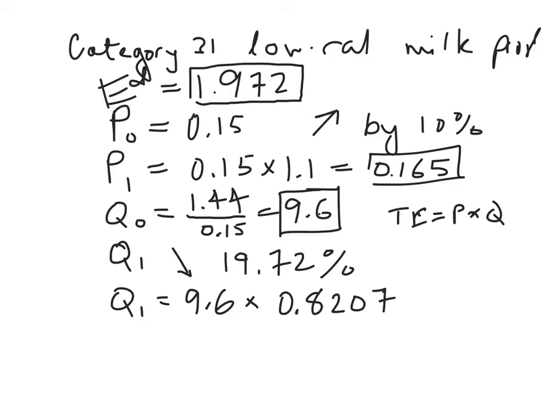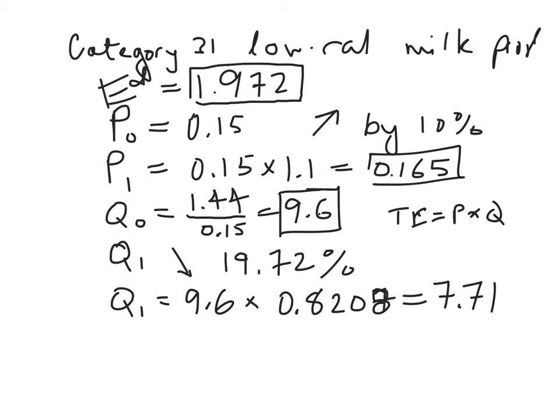I made a mistake in my handwriting. 1 minus 0.1972 is 0.8208. And when I multiply those two together, I get the result that the new quantity is 7.71.